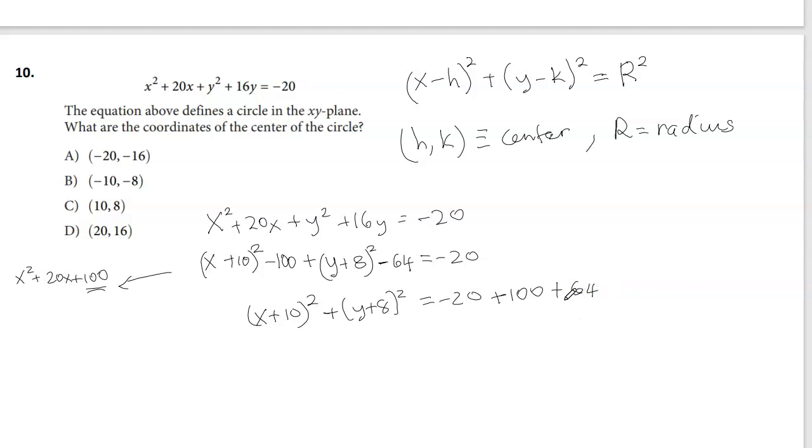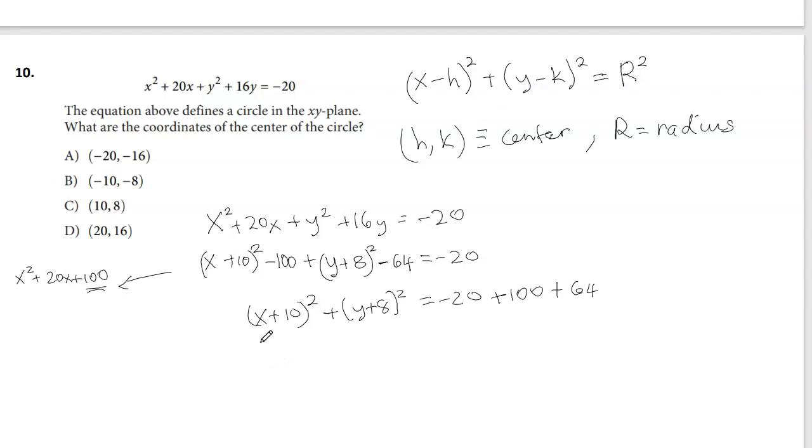Once you are here, you don't even have to keep working because we just want the center of the circle, right? So what you do is you compare what you have here with the general equation, right? So in the general equation, we're given minus h, right? And we are told that h is the x coordinate, and then k is the y coordinate.